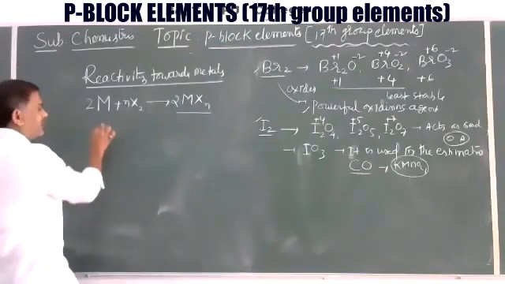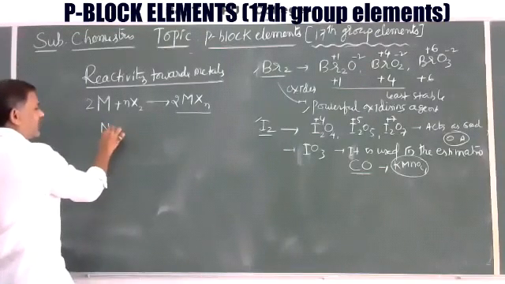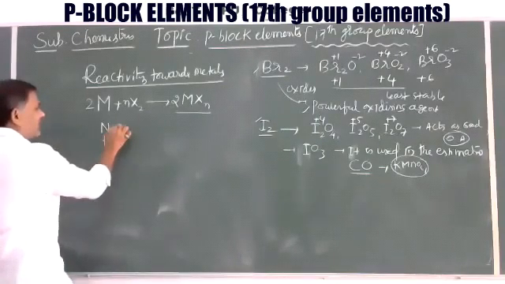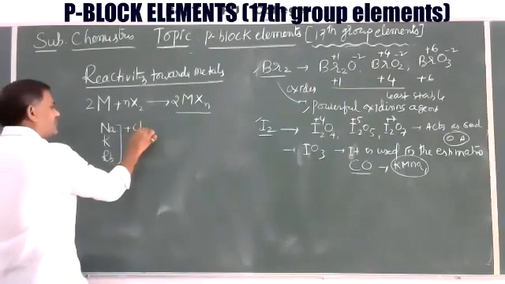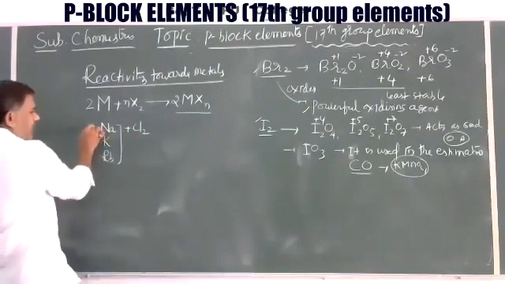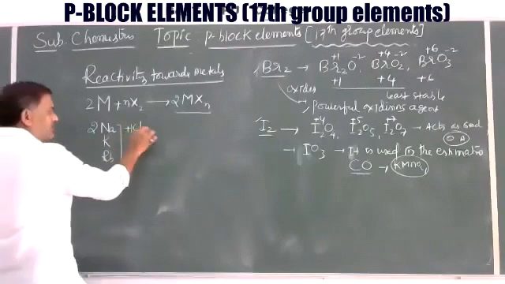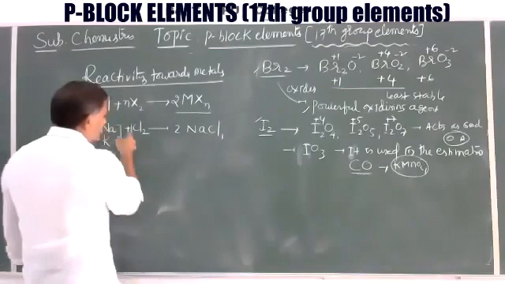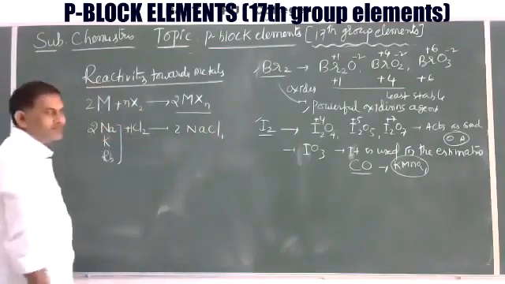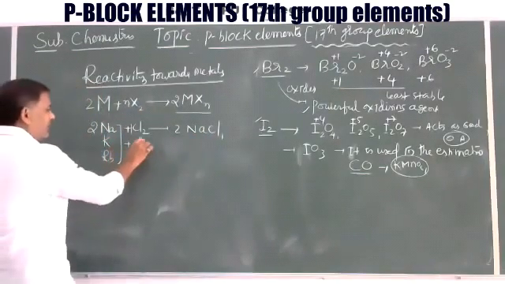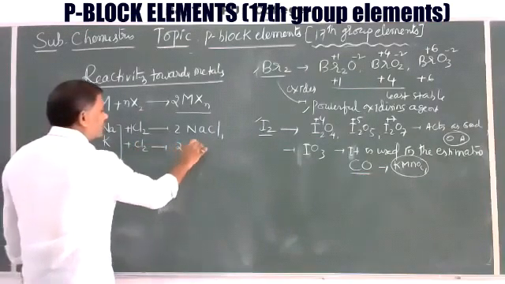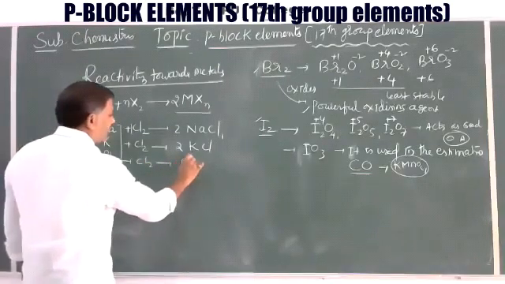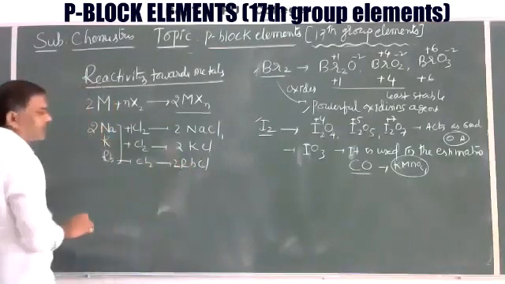If we take monovalent metals, Na, potassium or rubidium, they react with Cl2. Two moles of Na with 1 mole of Cl2 give 2 NaCl. Similarly, K gives 2 KCl, and Cl2 reacts with Rb to give 2 RbCl.